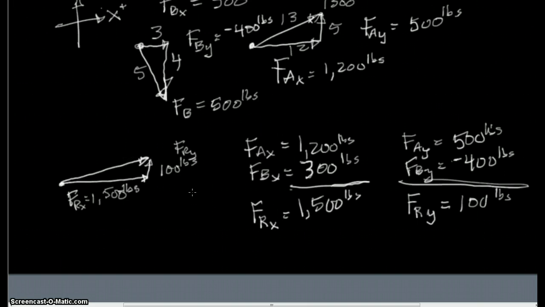There are a lot of ways you can do this, but the easiest way is the Pythagorean theorem, which states a squared plus b squared equals c squared.